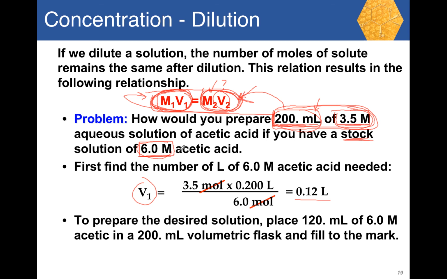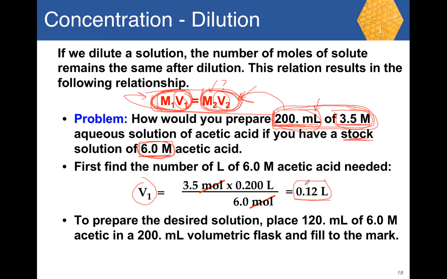And the concentrated solution is 6 molar, and the volume you do not know, so here's the volume you do not know. So you solve that equation for V1. After you set that up, you'll see that the answer is 0.12 liters.